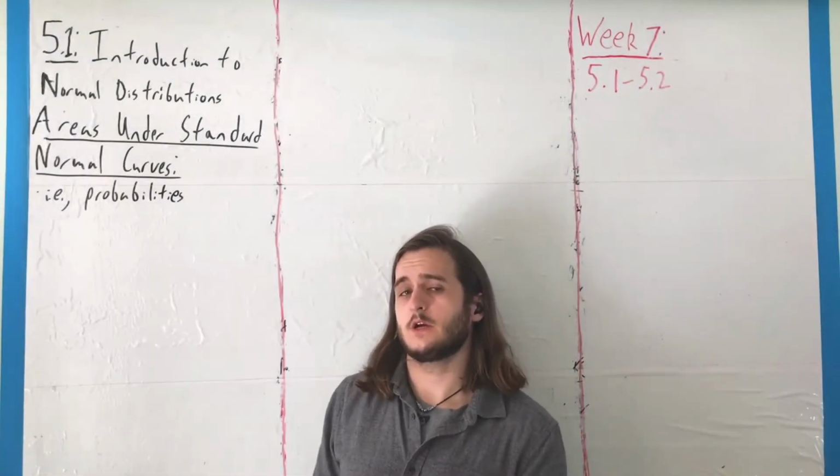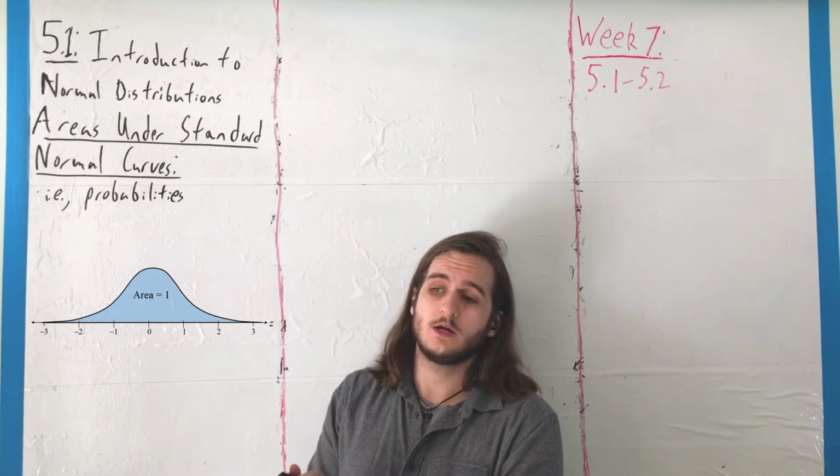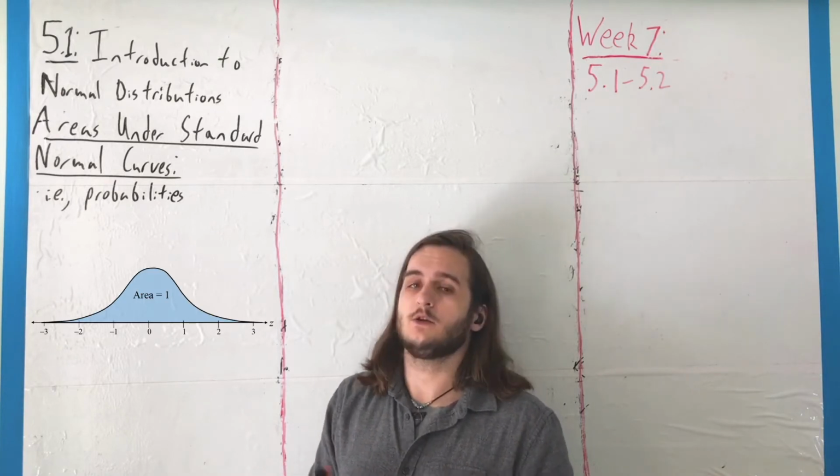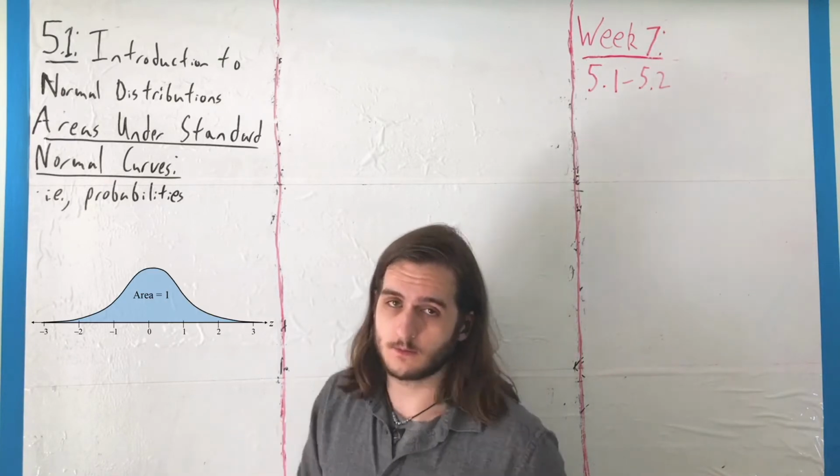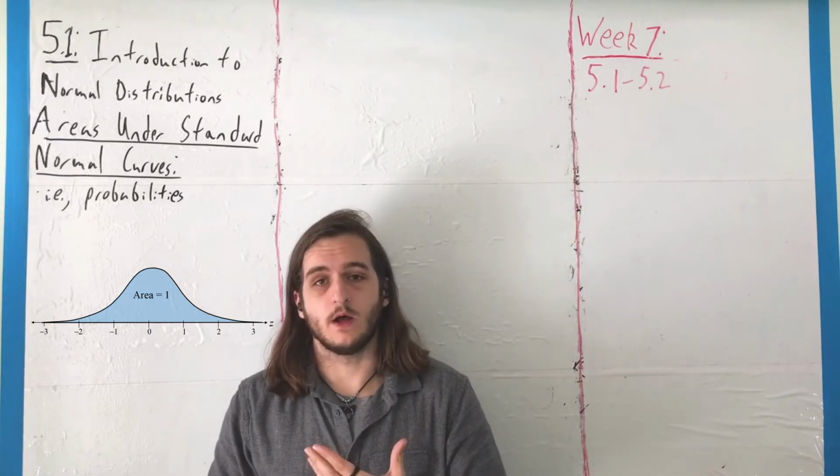We discussed earlier that the total area underneath any normal distribution, certainly the standard normal as well, is going to be 1.